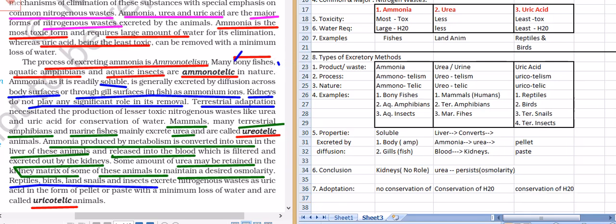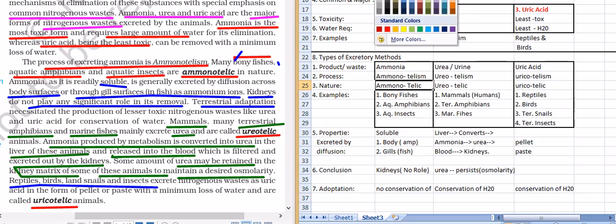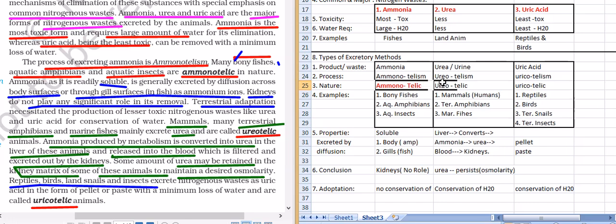So you have to understand ammonotelic. This is the highlighting. Ureotelic, uricotelic.